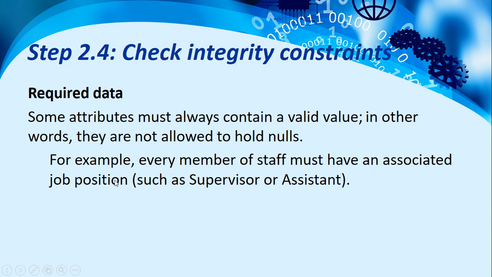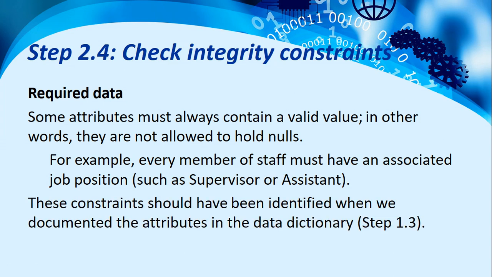That is not possible. He needs a valid value for his job position, either supervisor or assistant. This constraint should have been identified when we documented the attributes in the data dictionary, from step 1.3.